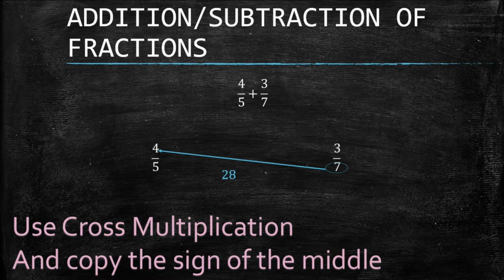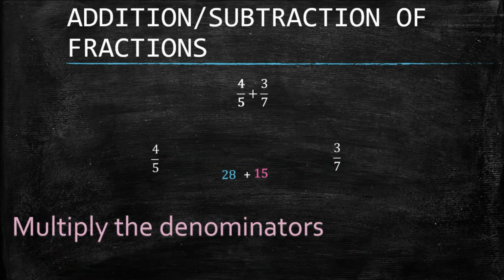Then 5 multiplied by positive 3 becomes positive 15. After that, multiply the denominators, so 5 times 7 is 35.